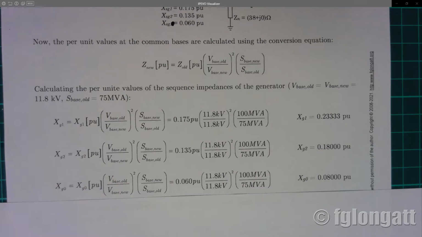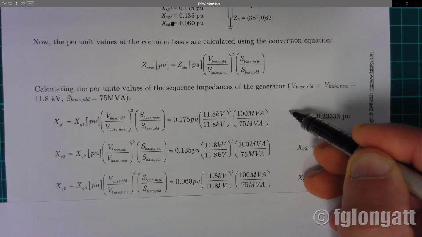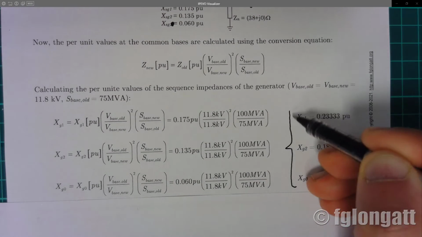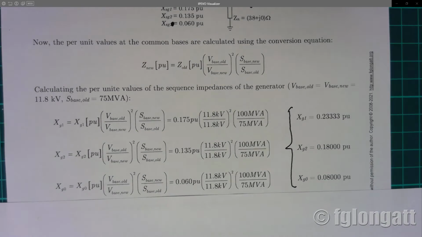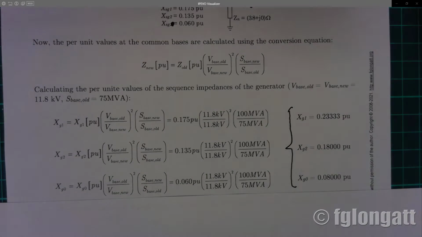The calculations are extremely simple. You can use your basic calculator, or if you prefer, MATLAB or any other kind of programming, Python, whatever, and you can get the positive, negative, and zero sequence for the generator.